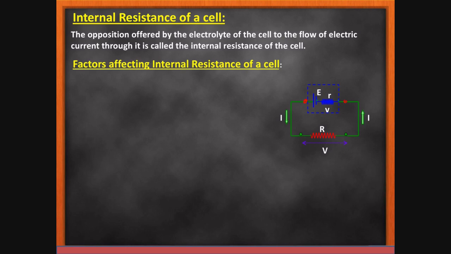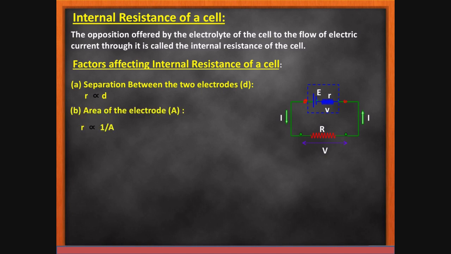Now some factors affecting the resistance of the cell. Number 1, the separation between the two electrodes. If separation is more, resistance is more, because there is difficulty for the ions to move from one electrode to another. Second, the area of the electrode. If the area of the electrode dipping inside the electrolyte is more, then the resistance of the cell is less, and vice versa.